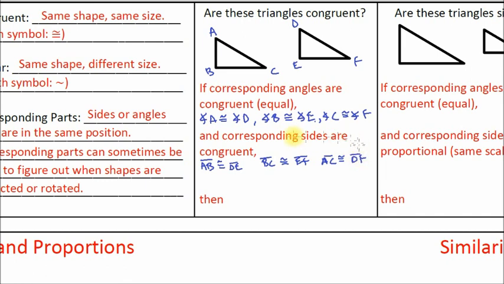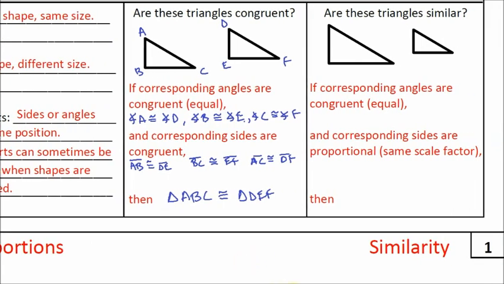So now look what we've done. We've said, okay, if all the angles have a corresponding angle which is congruent, and all the sides have a corresponding side that is congruent, then we know that triangle ABC is congruent to triangle DEF. So there's our basic understanding of congruence.